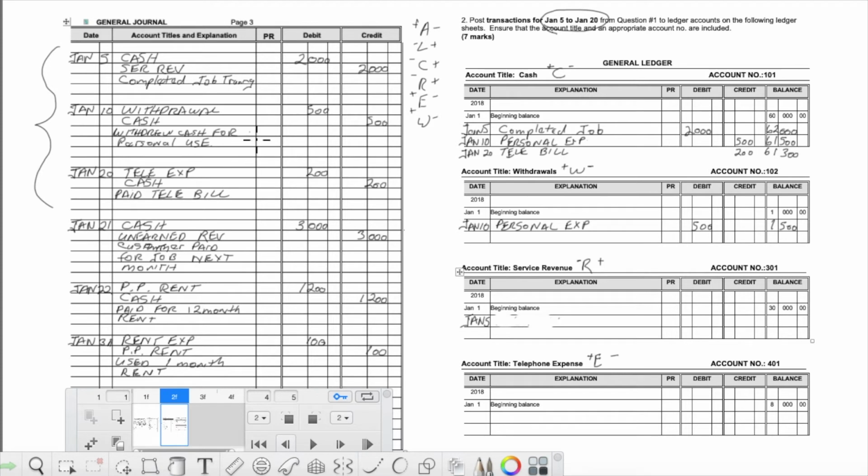So what is it? Completed a job. So that's what we want in there. Don't get confused. Completed job. And how much was it for? $2,000, and it's on the credit side. So it's over here.